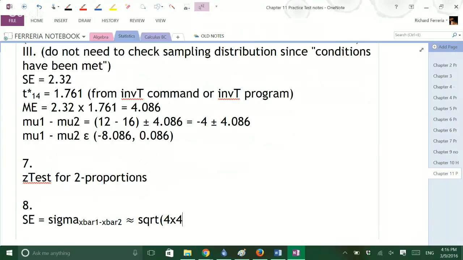So 4 times 4 out of 32 plus 5 times 5 out of 29. It's equal to that number. My standard error.